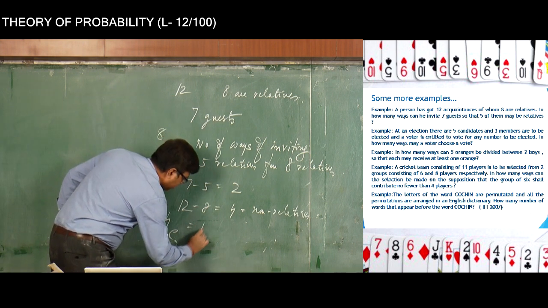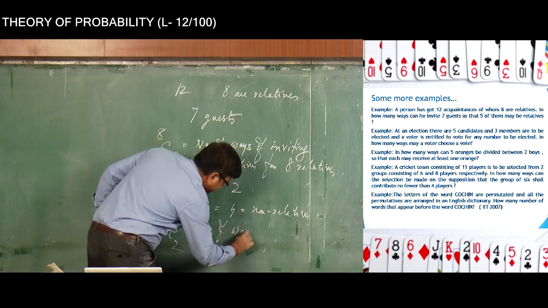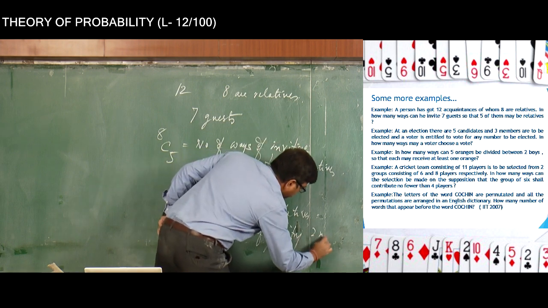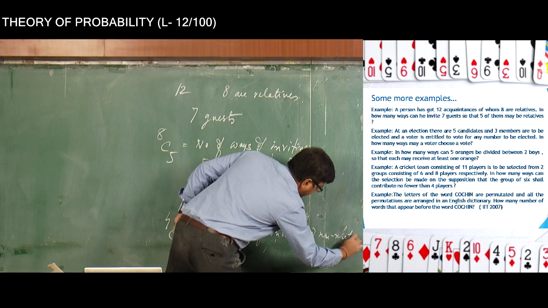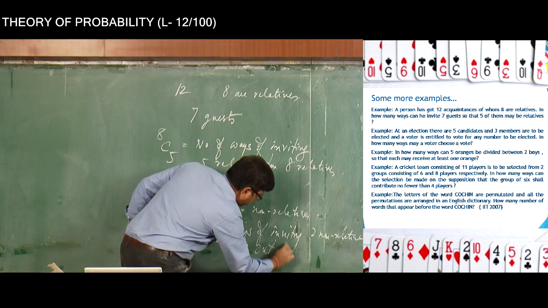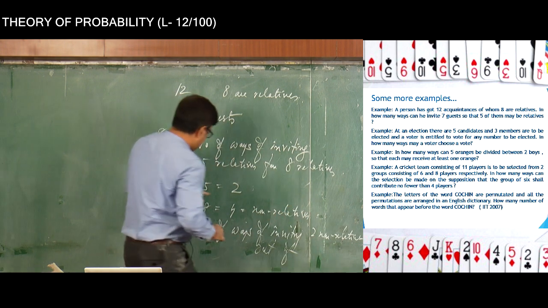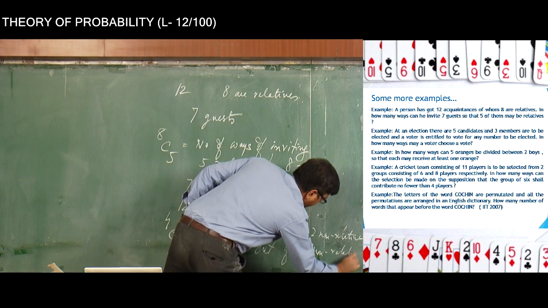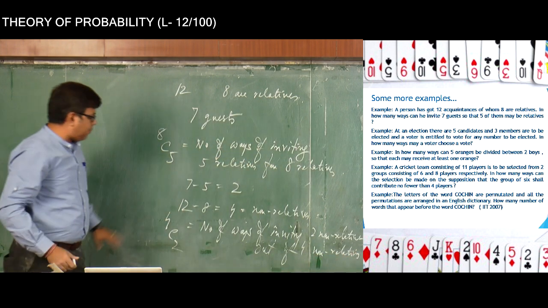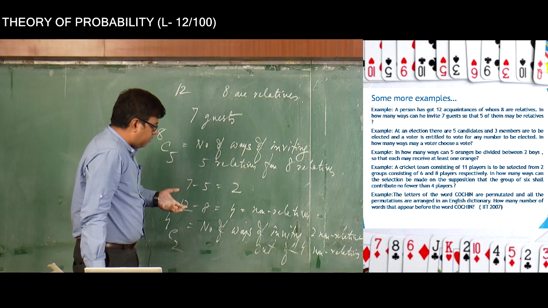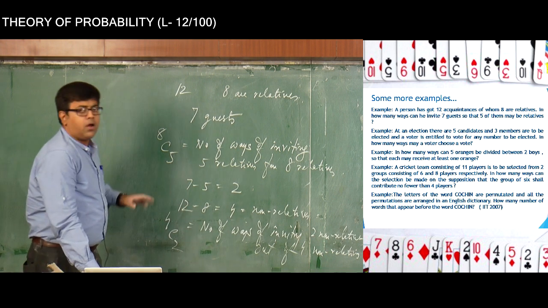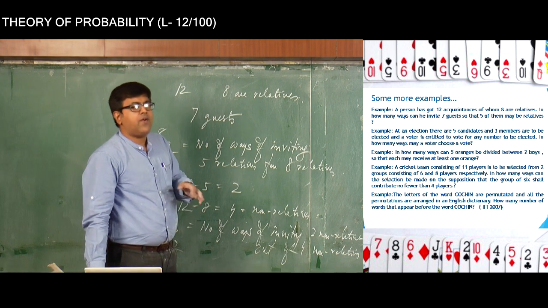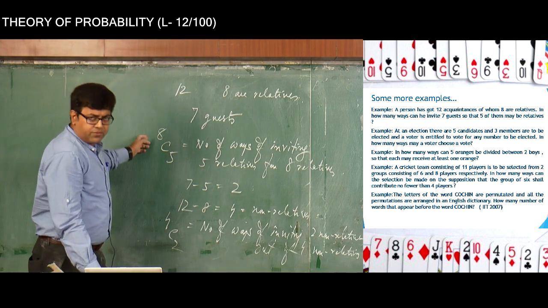So, 4C2 becomes the number of ways of inviting 2 non-relatives out of 4 non-relatives, and 8C5 becomes the total number of ways of inviting 5 relatives from 8 relatives.